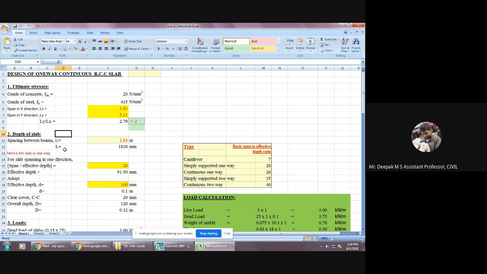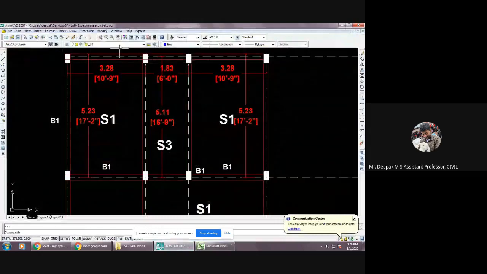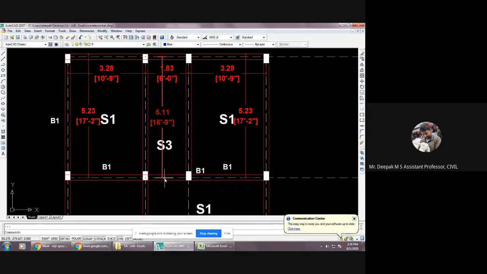So the spacing between the beams L will stand for 1.83 meters or 1830 millimeters. For slab spanning in one direction, means in this particular slab it is spanning in one direction or one-way slab, and it is continuous over the other slabs. The other end is discontinuous.